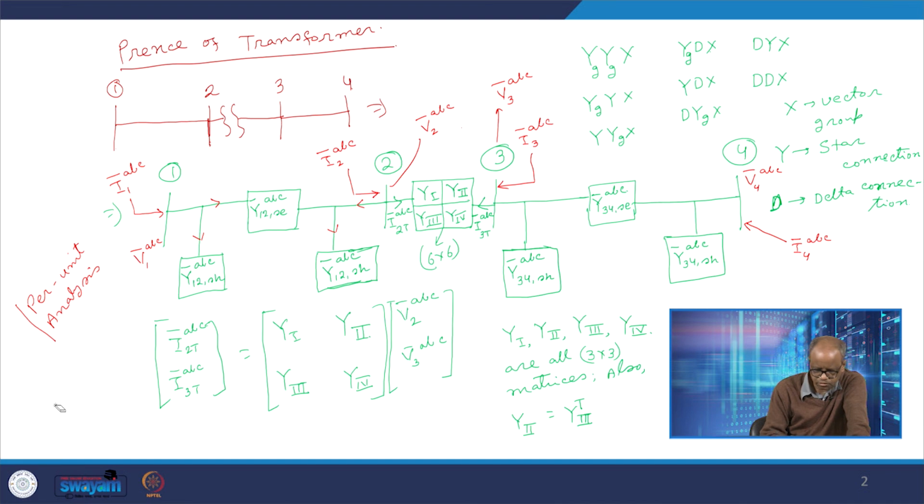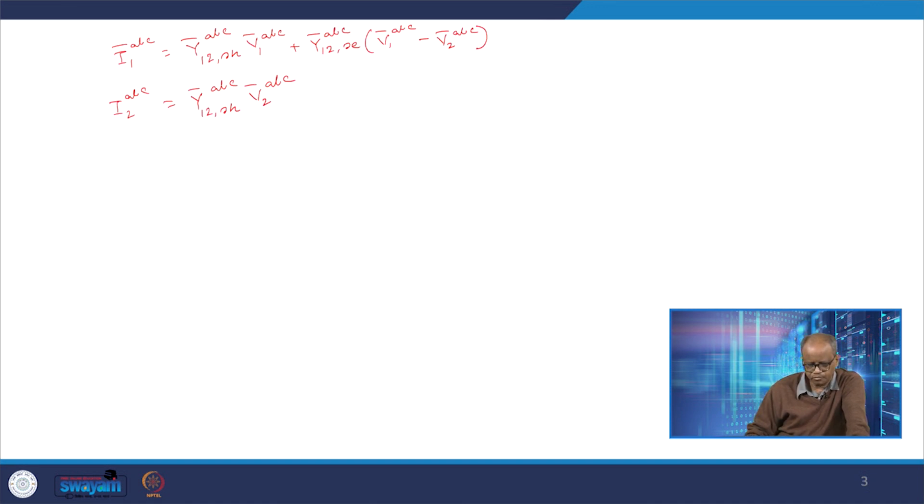No, I am wrong. It will be this current. And then the next current would be Y12 series ABC into V2 ABC minus V1 ABC, plus I2 transformer ABC.